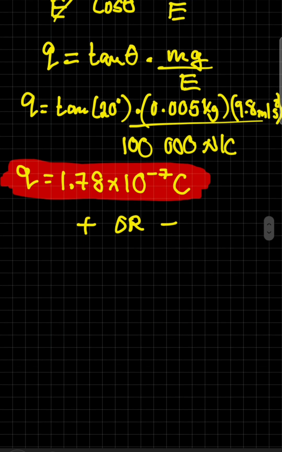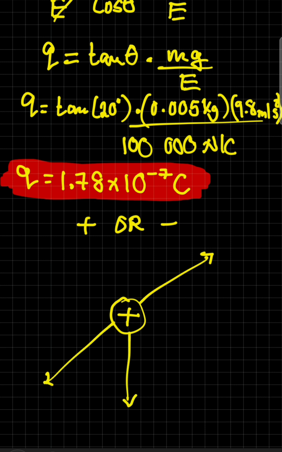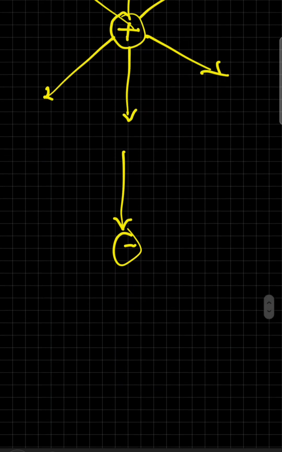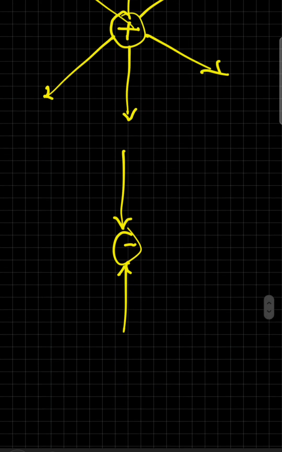So there's one thing you should know about positive charges: positive charges produce an electric field that moves away from the charge. Okay, that's how they behave. But for negative charges, it is the opposite. For negative charges, they produce an electric field that moves towards them.